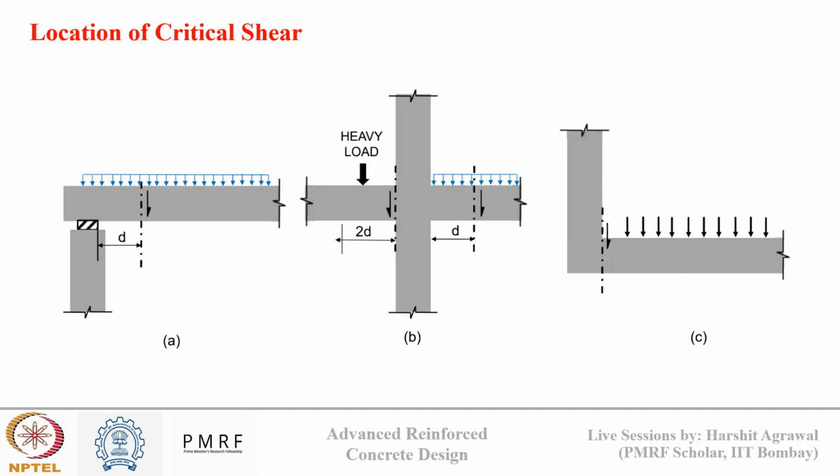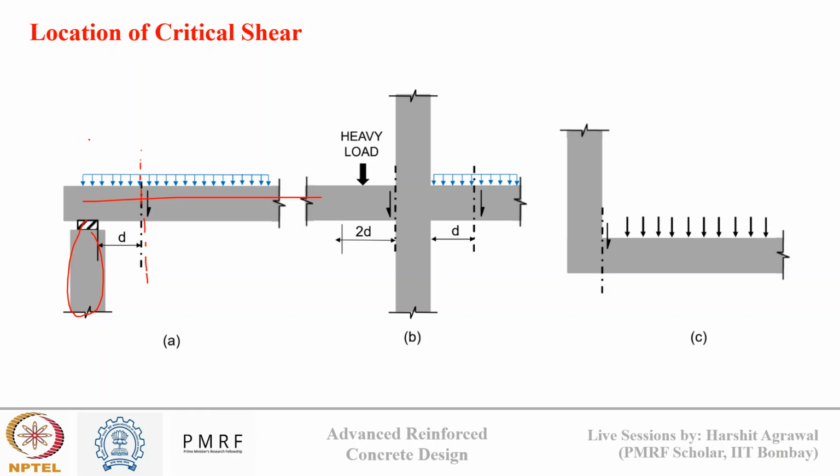Now there is one more important point to remember here: what is the critical section for shear design, from where the shear stress chances are the maximum. IS 456 says that when we have a simply supported beam under uniformly distributed load, the critical section lies at a distance d away from the support.